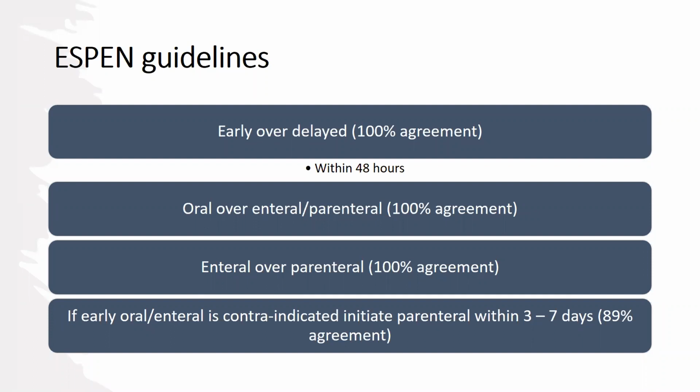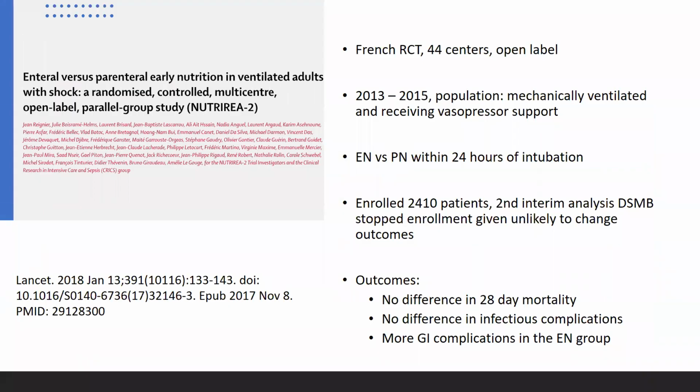Again, 100% agreement. Enteral over parenteral, as we talked about, 100% agreement. If early oral or enteral is contraindicated, initiating parenteral within 3 to 7 days was only about 89% agreement.